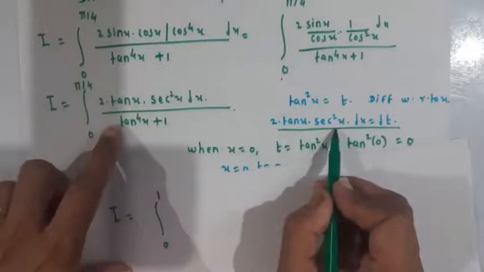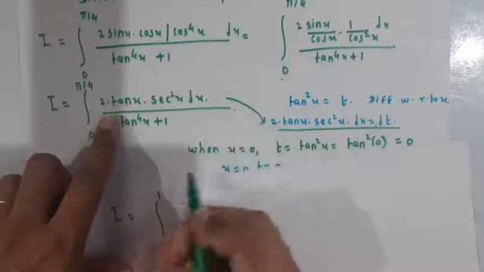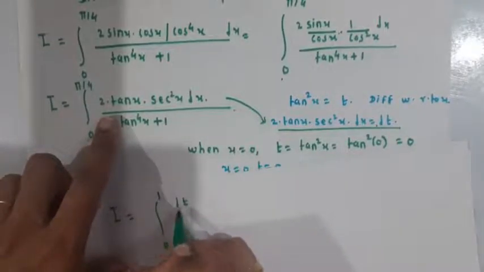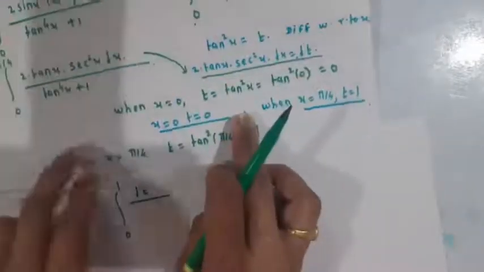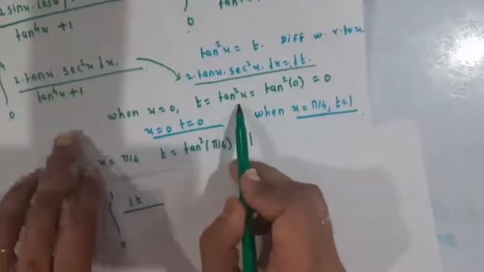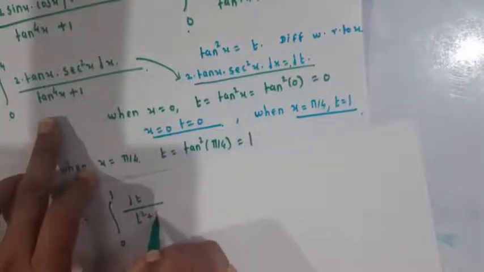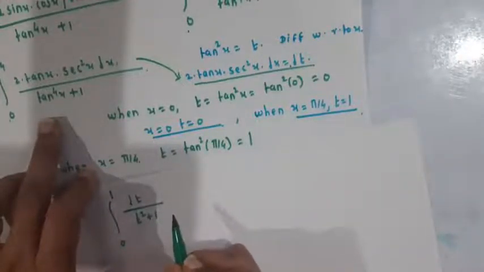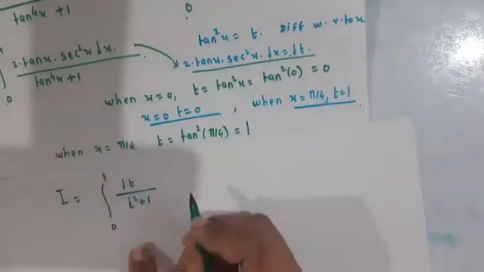Now 2 tan x sec^2 x dx is dt from here. And since tan^2 x equal to t, therefore tan^4 x plus 1 is t^2 plus 1.